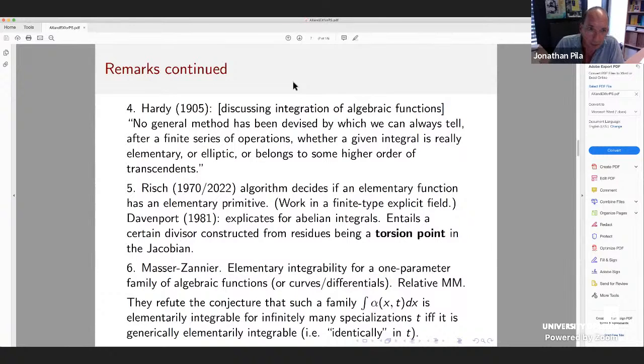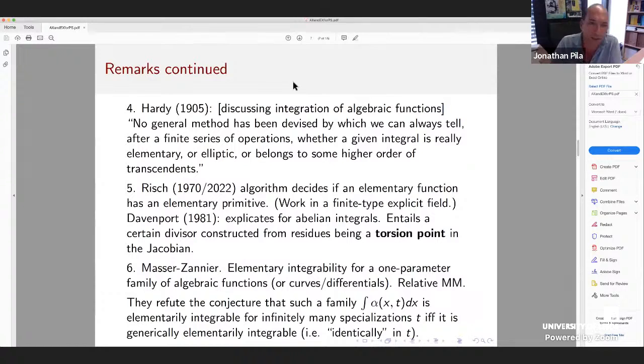Now, the elementary part of this was solved, and even more generally by Risch in 1970/2022. So he sketched in 1970, Risch sketched an algorithm to decide if an elementary function has an elementary primitive. And again, when we talk algorithms, we always imagine we're in some finite type explicitly given field.